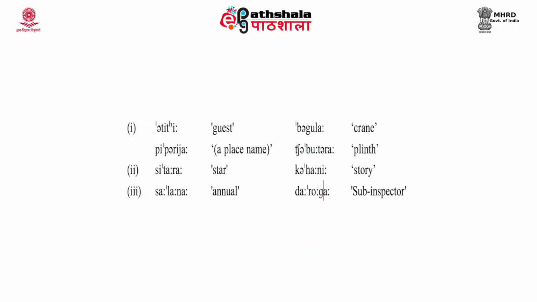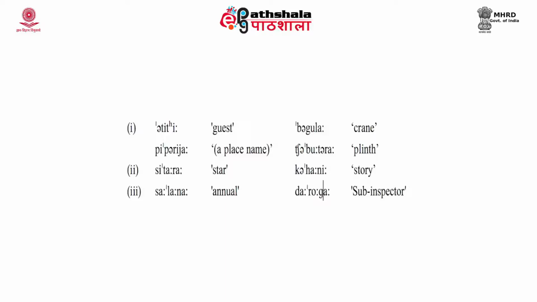Now these examples are given in these 3 groups. So we have Atithi, Bagula, Pipariya, Chabutara. The stress is always on the antepenultimate syllable, that is the 3rd from the right. In the second group, we have Sitara, a heavy syllable, but not the final one, as in Malayalam, but the middle one. Kahani is the same.